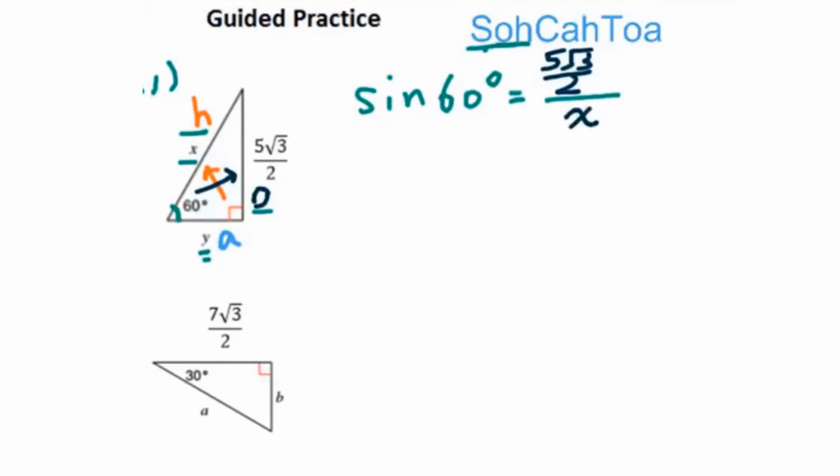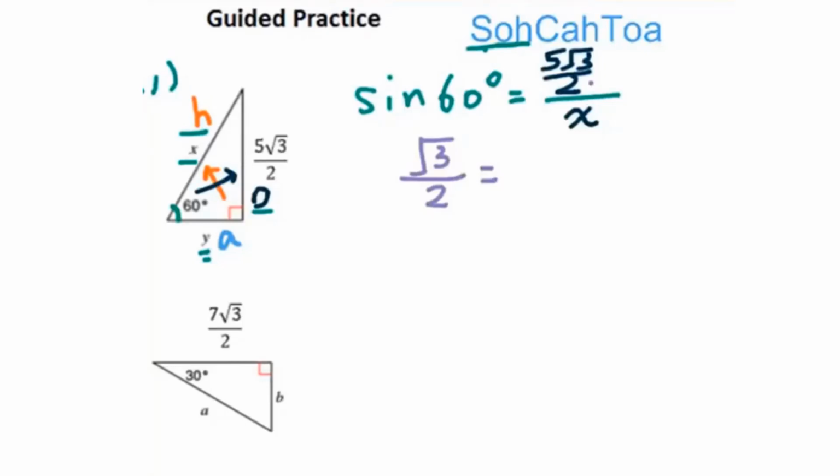Then according to the trig values of special angles, sine 60 works out to be square root of 3 over 2 equals. And on the right side, that's a complex fraction.